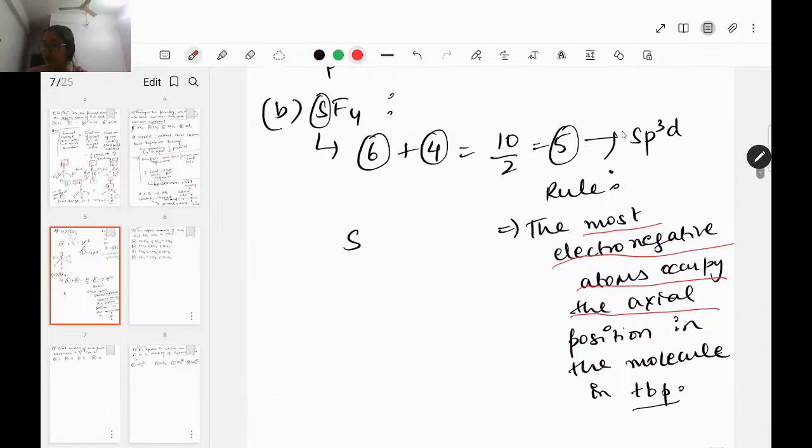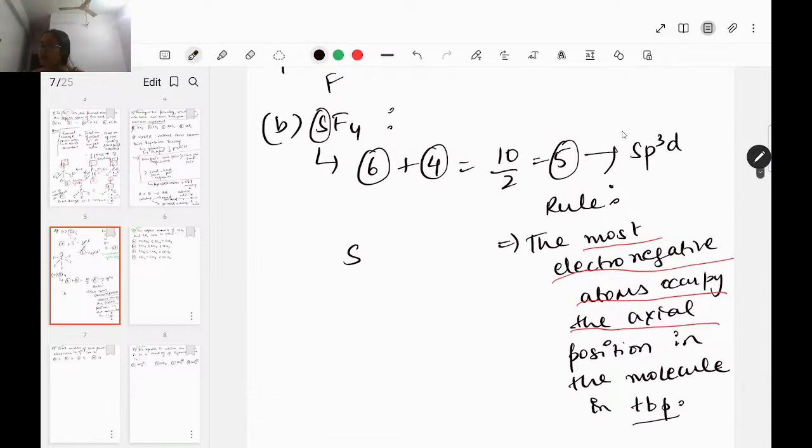So that is why it is very important for us to know what an axial position is. You can see that trigonal bipyramidal normally looks like this. There are three positions over here, and let us call them X. These 3 positions are known as the equatorial positions.